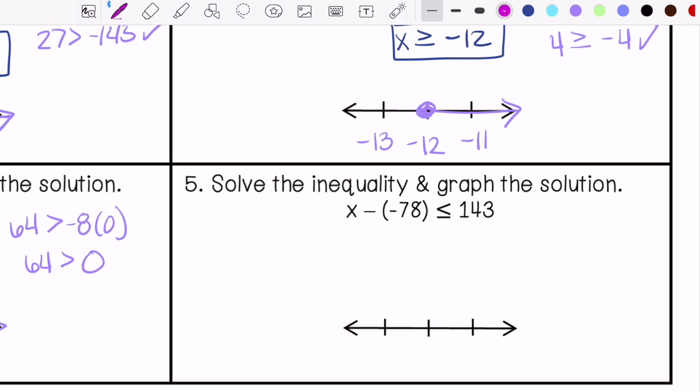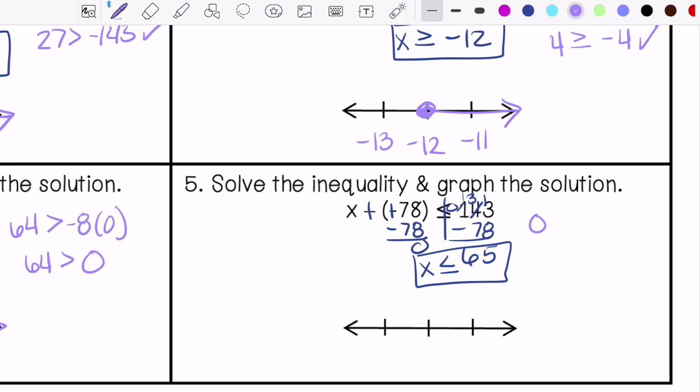All right, I'm going to do keep, change first. So x is being added to 78. So I'm going to subtract 78. What's a number less than or equal to 65? 0 is an easy one.